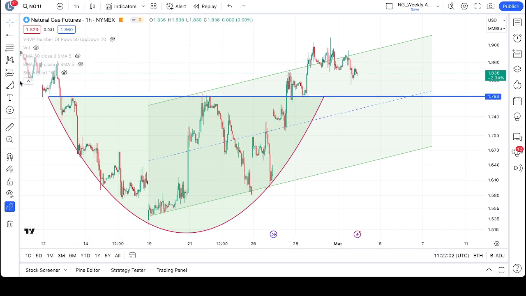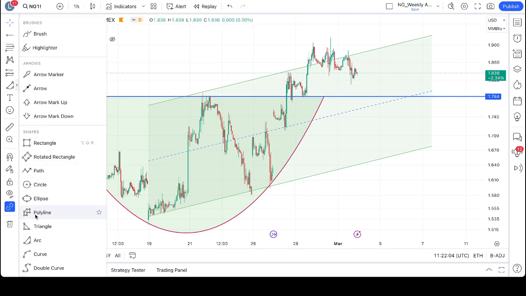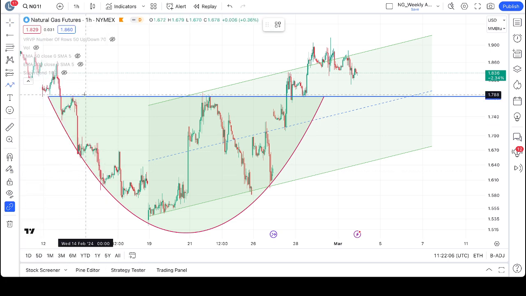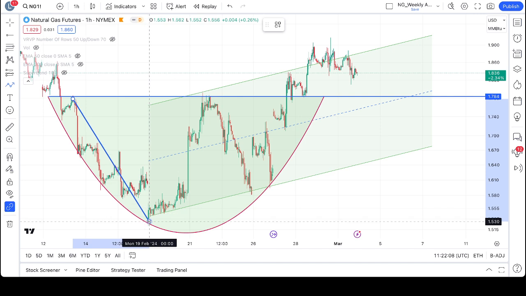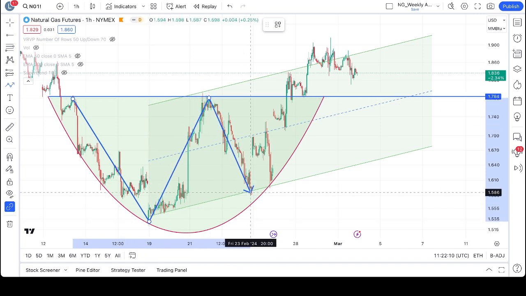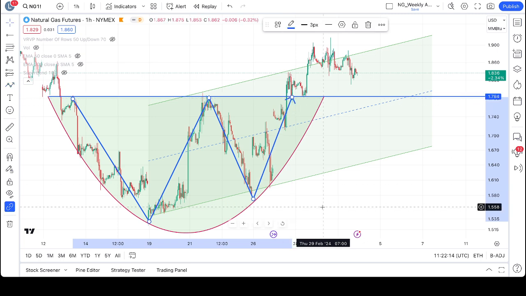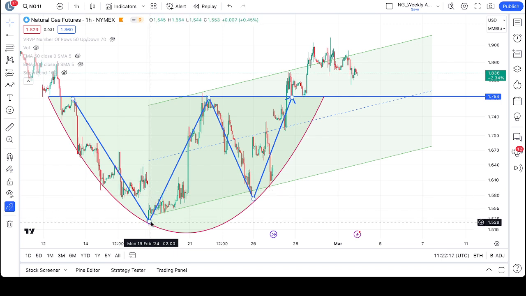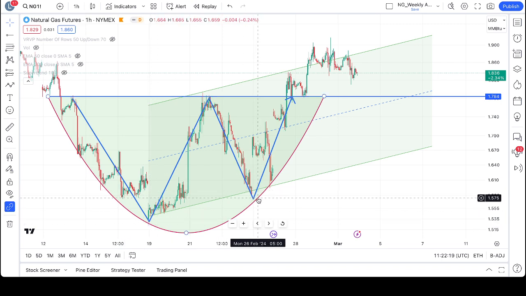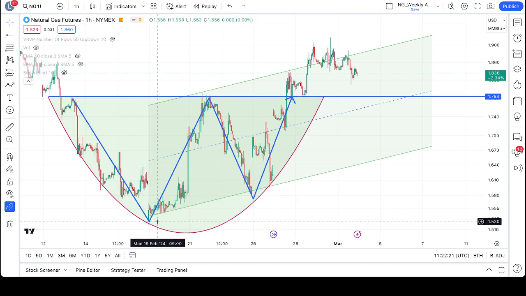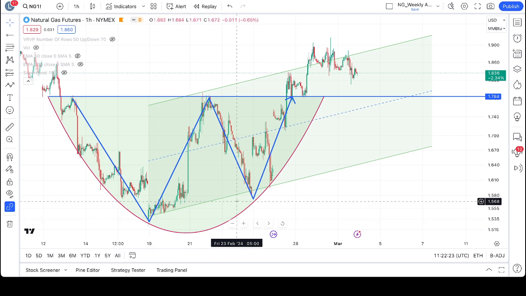Again, if you see this one as well, if I take a path, this is clearly a double bottom. We have the first bottom here, and the second bottom here, which is a bit higher. The first is 1.52, 1.53, and the second is around 1.57.